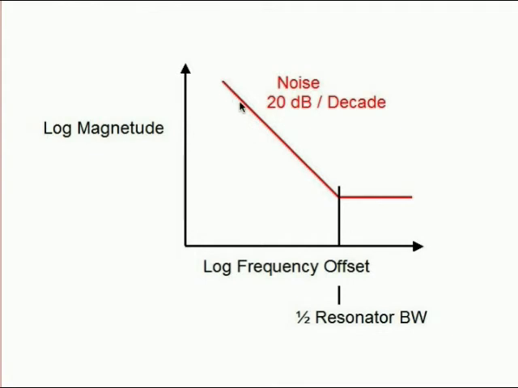So this is what the phase noise does in the region we're interested in, and the amplitude noise is normally flat along the bottom here. But with this theoretical system, the amplitude and the phase noise would follow the same law, because they're going to be processed identically.